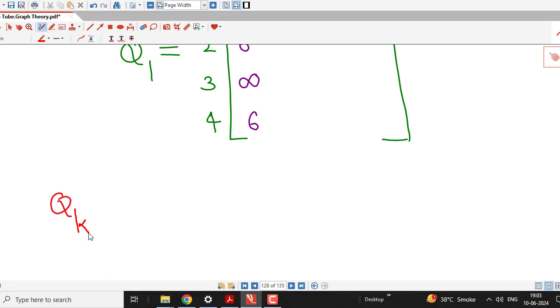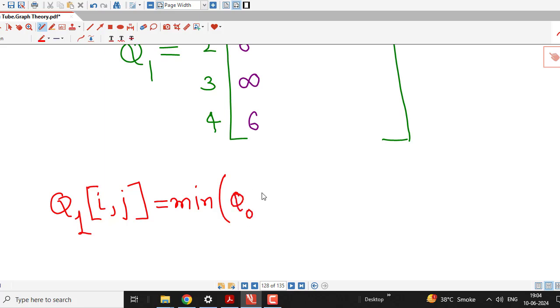Suppose I am interested in the ijth entry of Q1. How to write down the ijth entry of Q1? That is equal to the minimum of two numbers.